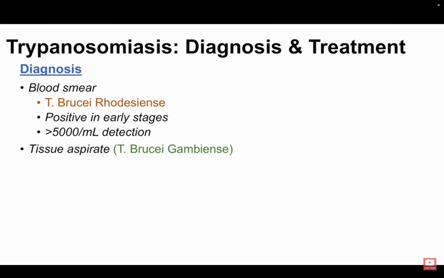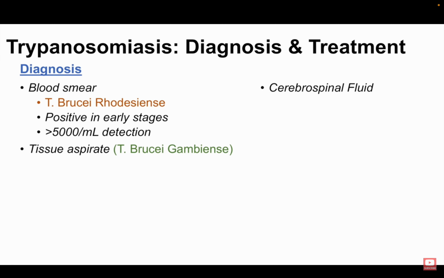Now, with tissue aspirate, this can be important, as if the Trypanosoma species infects the lymph nodes, we can take an aspirate of the lymph node and look at it under a microscope, and then we might be able to see the Trypanosoma species that way. And this is important with Trypanosoma brucei gambiense, as this species typically involves the lymph nodes.